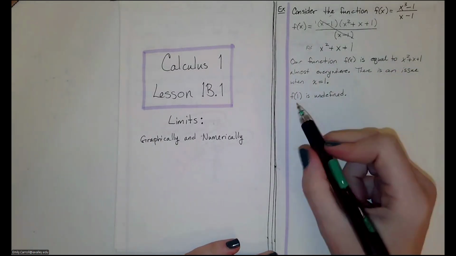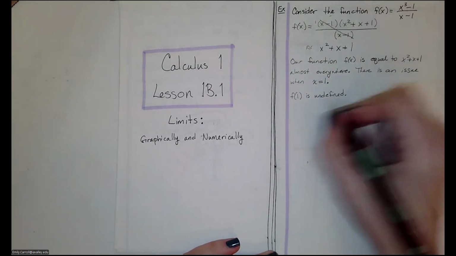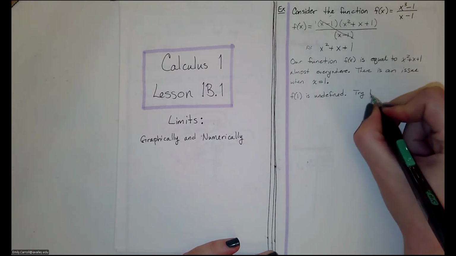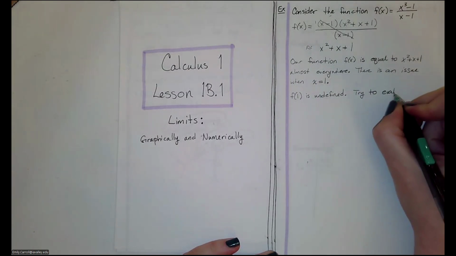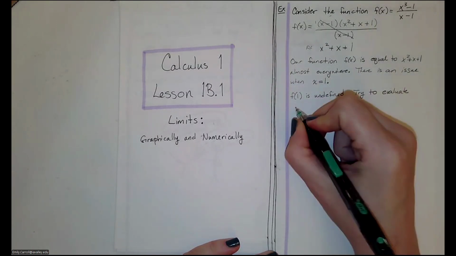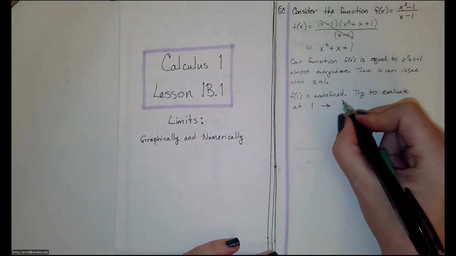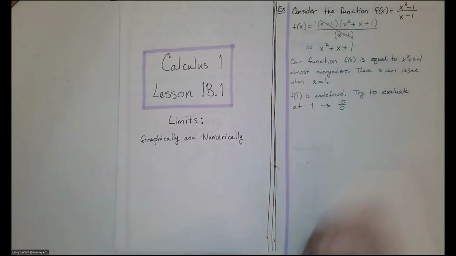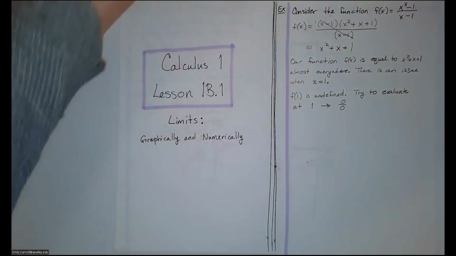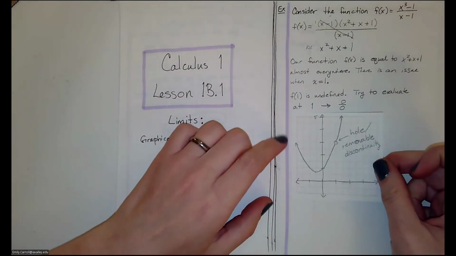Okay, because if you try to evaluate at 1, you're going to get 0 over 0, which is undefined. All right, so let's look at what's going on visually. The graph of this function looks like this.